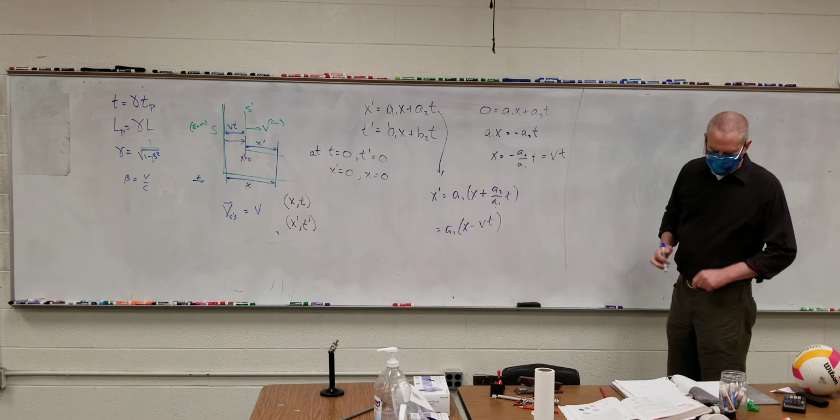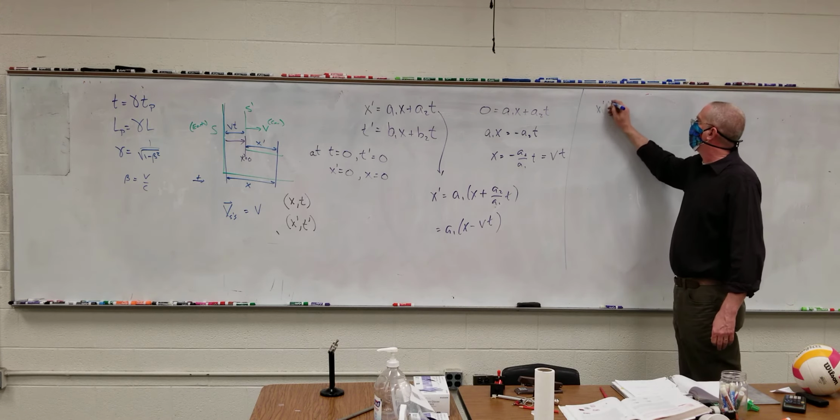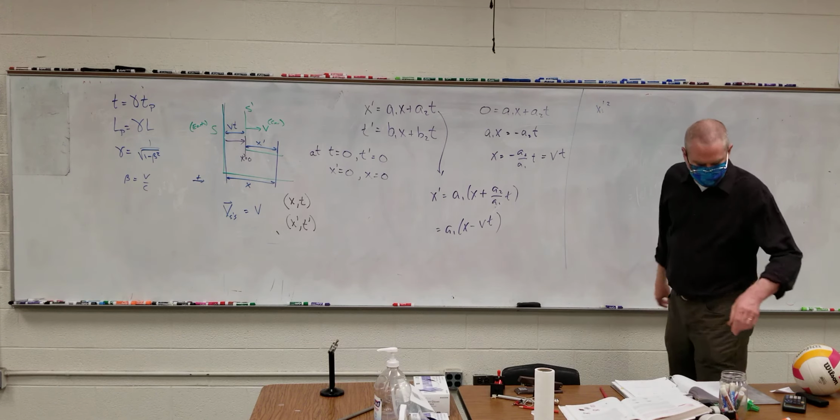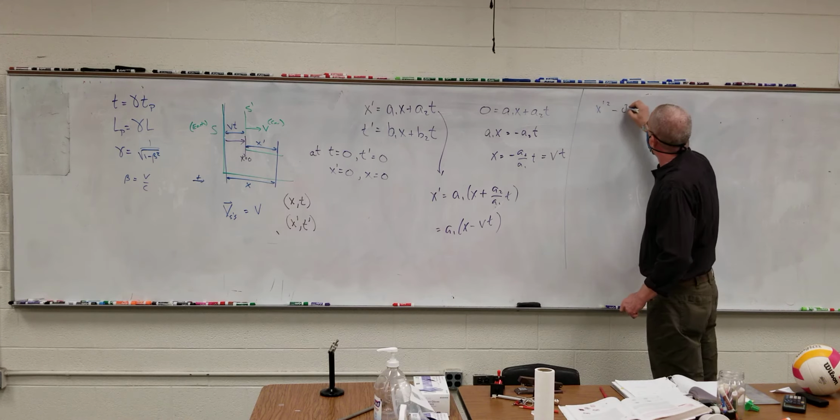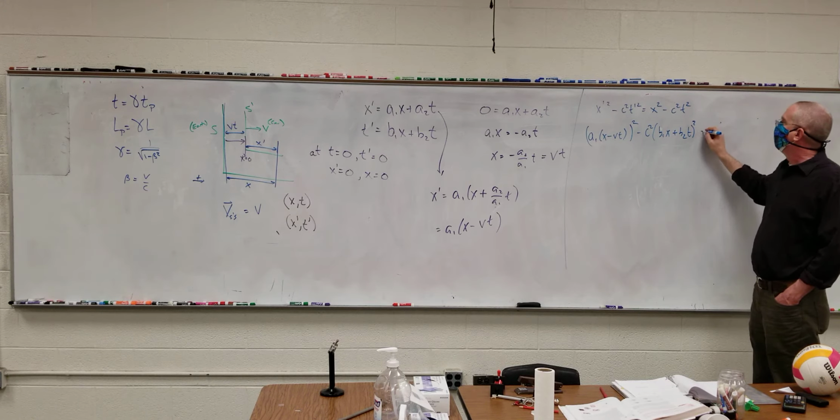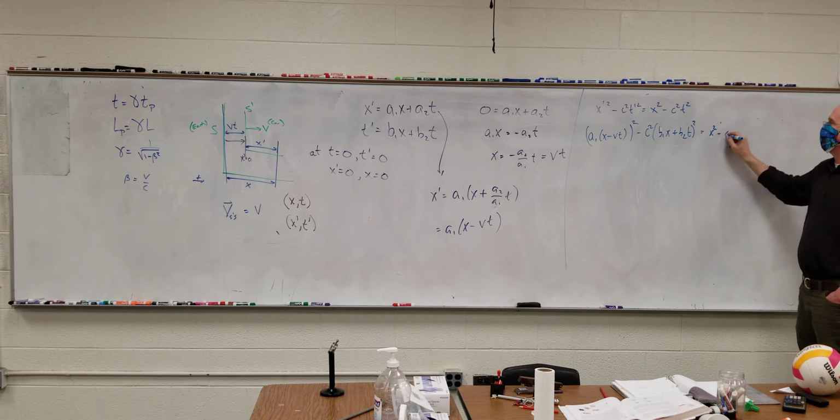Let's go to the invariance. I know that x prime squared minus c squared t prime squared is equal to x squared minus c squared t squared. Right into my invariance: x prime is a1 times x minus vt, squared, minus c squared times my t prime, which is b1 x plus b2 t, squared, equal to x squared minus c squared t squared.